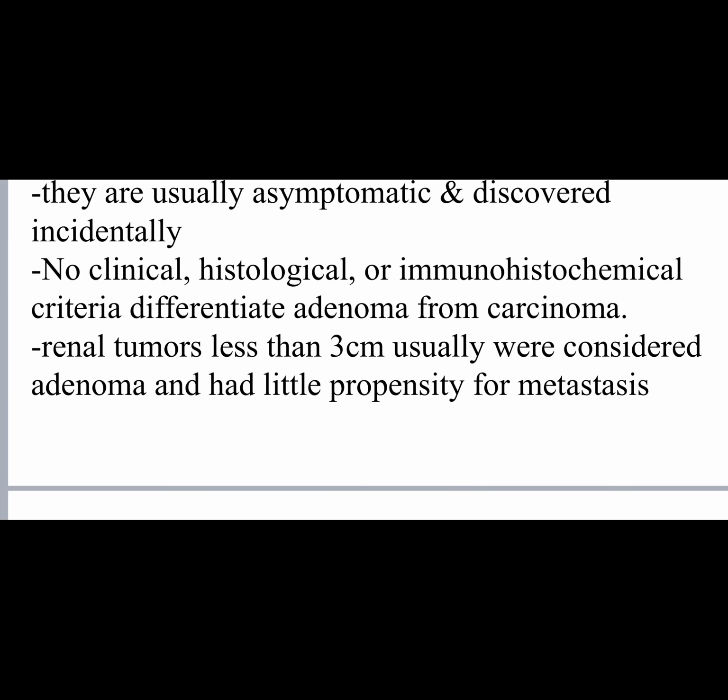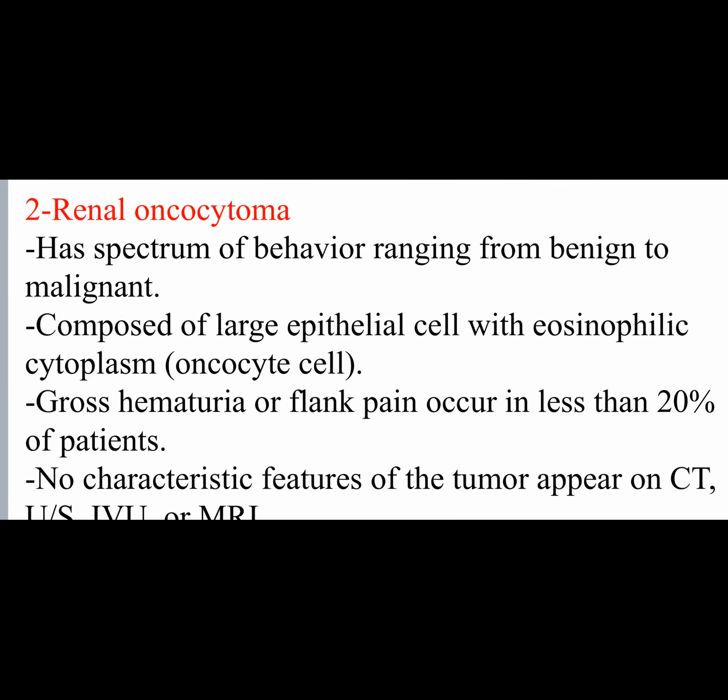Okay. The other benign renal parenchymal tumor is the oncocytoma. It has a spectrum of behavior ranging from benign to malignant, composed of large epithelial cells with eosinophilic cytoplasm, the oncocyte cells. Patients may present with gross hematuria or flank pain, occurring in less than 20% of patients.